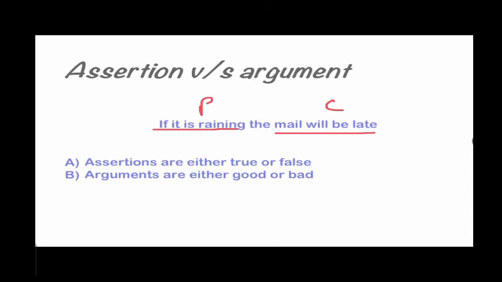But does the conclusion really follow from the premise here? A necessary condition for an argument is that the conclusion must always follow from the premise, which does not happen here. So, the given statement is an assertion and not an argument.